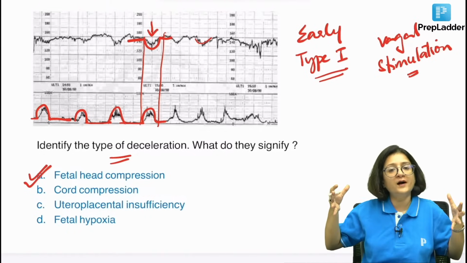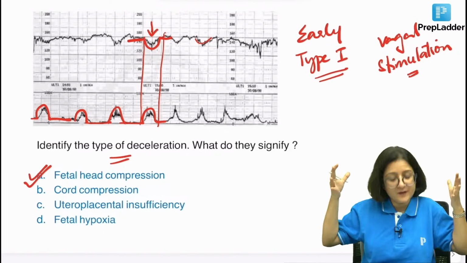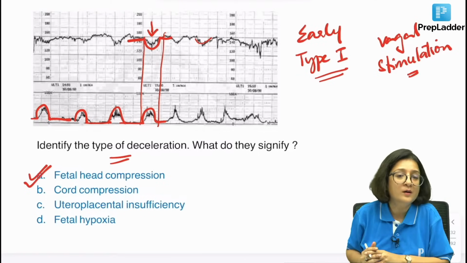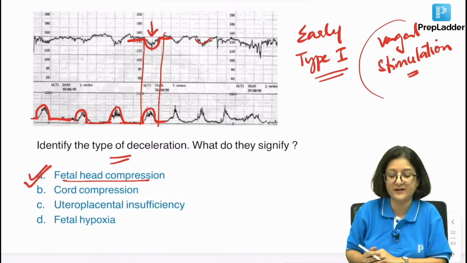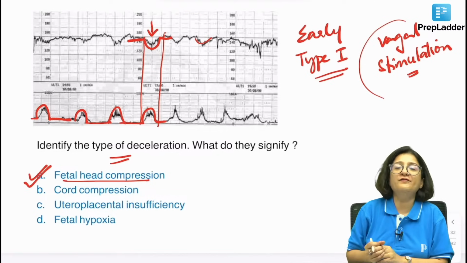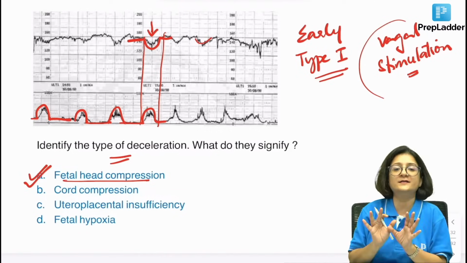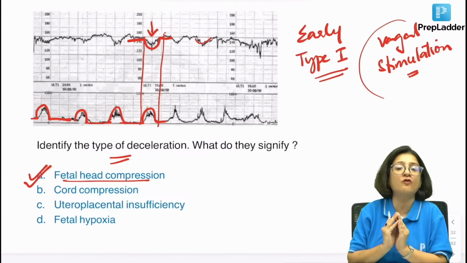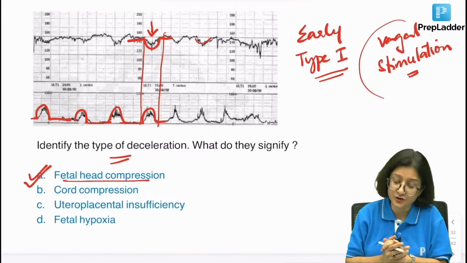Contraction getting over, head compression getting relieved, fetal heart rate returning to baseline. So this is vagal stimulation, fetal head compression related. If in a CTG trace the only problem is early deceleration, by themselves they are not ominous, not threatening, not very dangerous.